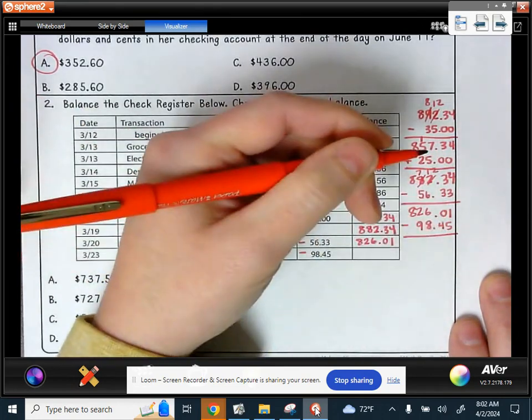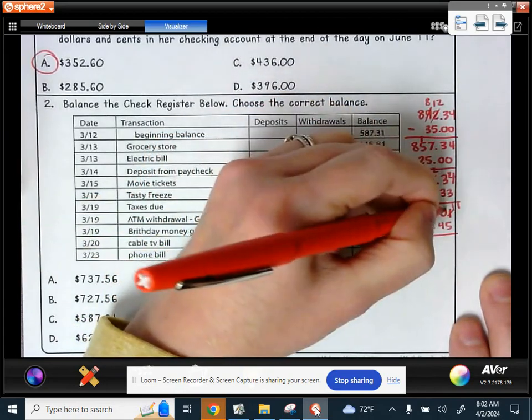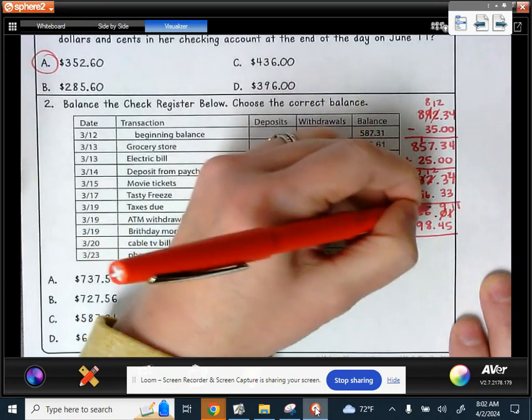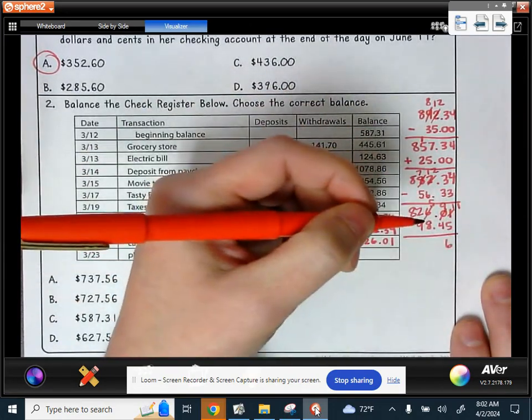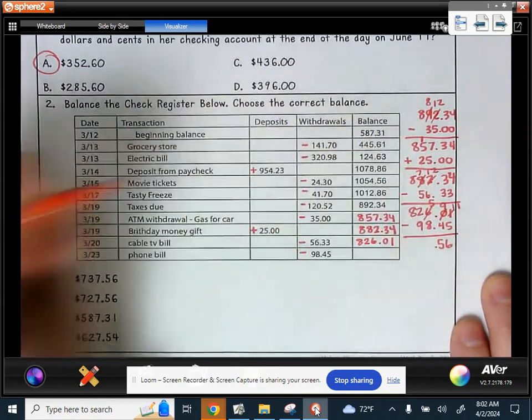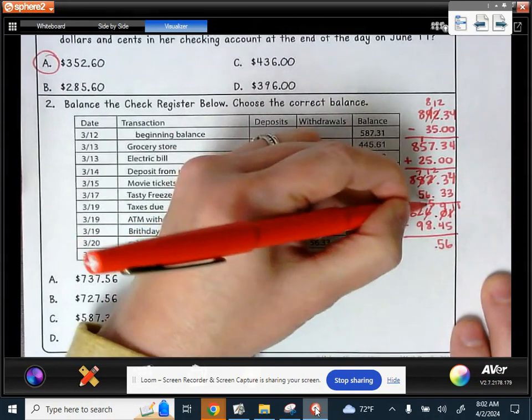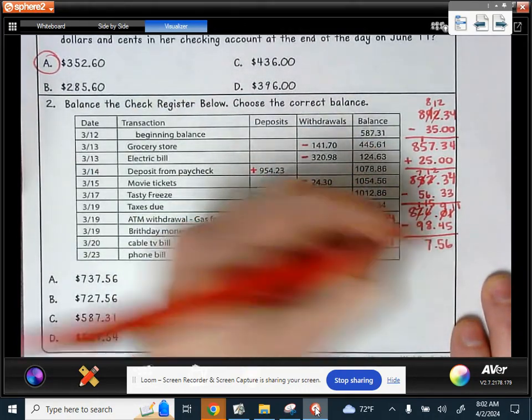Can't take 5 away from 1, so we have to borrow. Can't borrow from the 0, so we have to go all the way to the 6. 11 minus 5 is 6. 9 minus 4 is 5. We can't take 8 away from 5, so we have to borrow again from this 2. 15 minus 8 is 7.